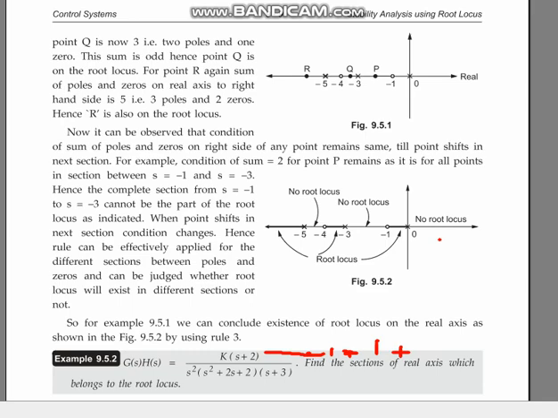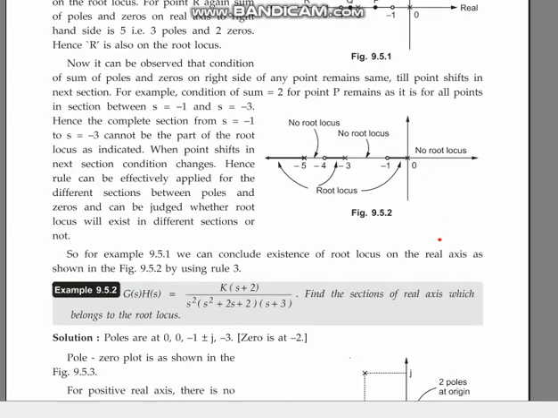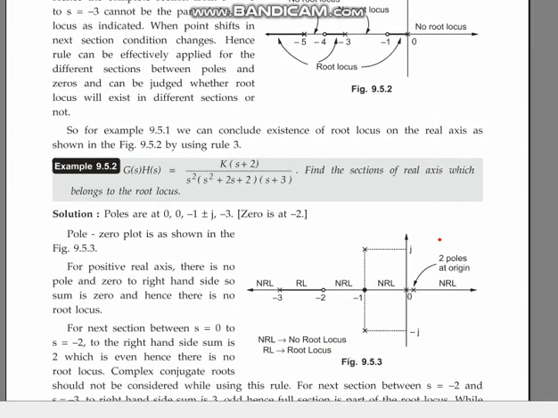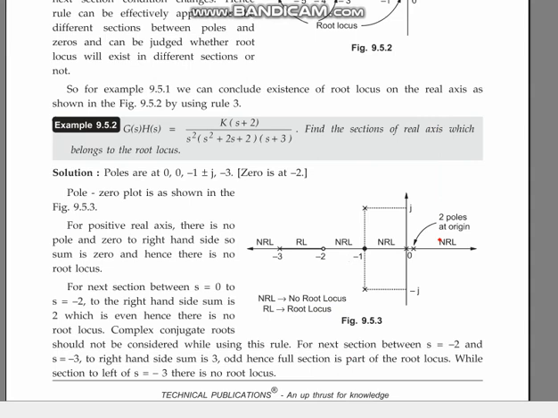Understood? One more example we will see. We will try to identify number of root locus branches. We'll see G(s)H(s) is given.